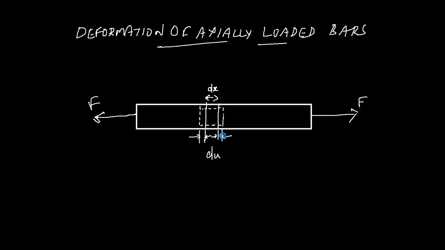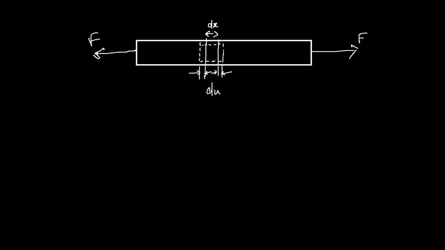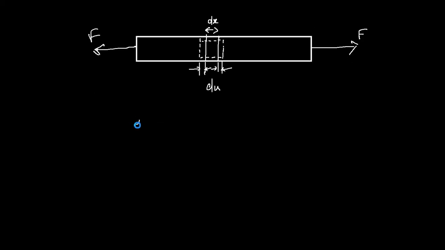Now we know the strain is change in length over the original length. So we have a strain due to the applied load: epsilon in x direction is equal to du over dx, and from that you can calculate du is equal to epsilon x dx.